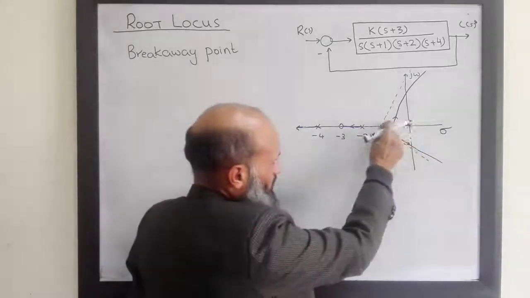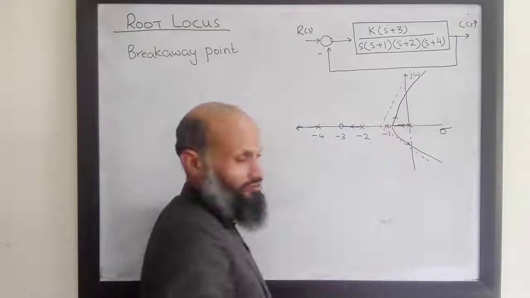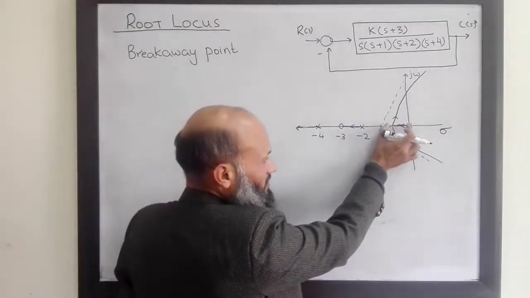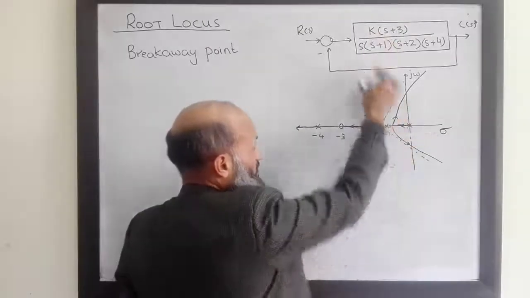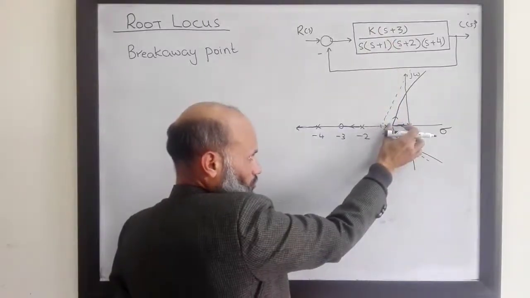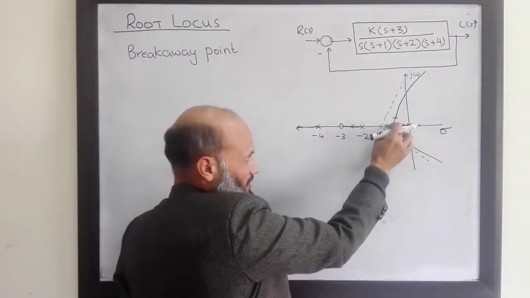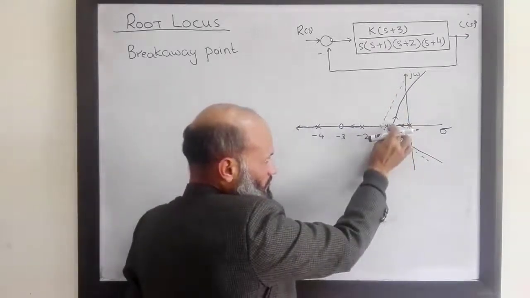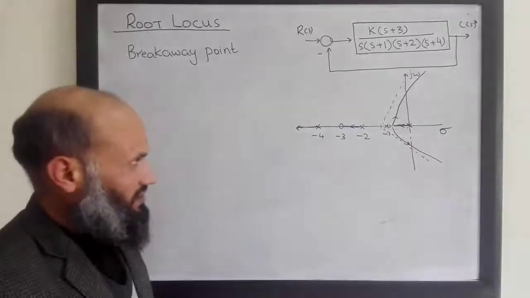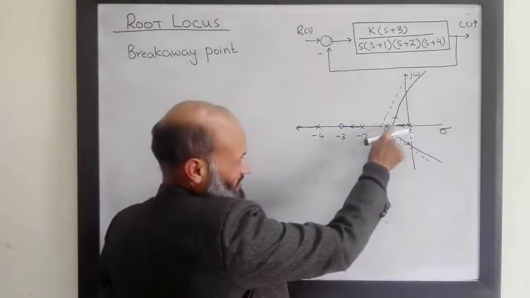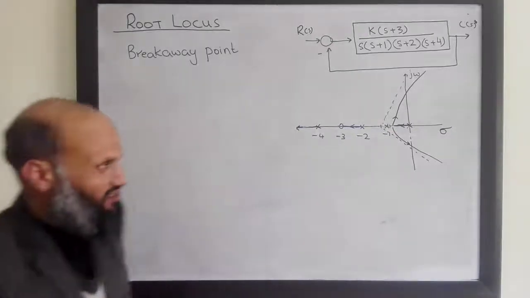These two points correspond to closed loop poles for k equal to 0. As we increase gain k, the closed loop poles move along this path, along this root locus, and so this is the point on the real axis. This is important. This is the point on the real axis for which the gain is maximum.